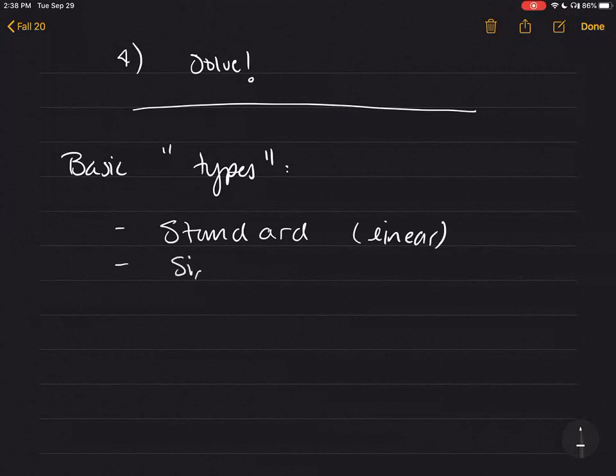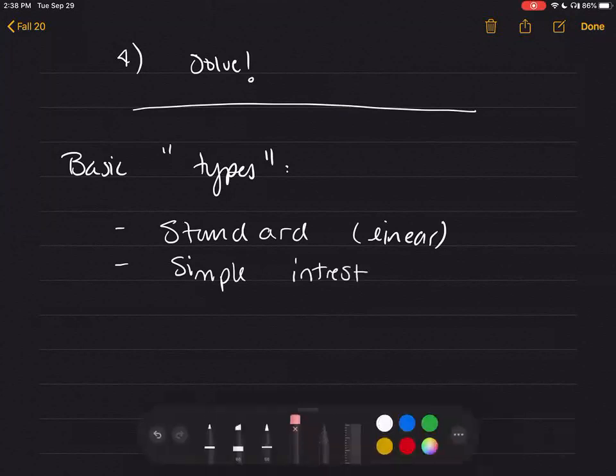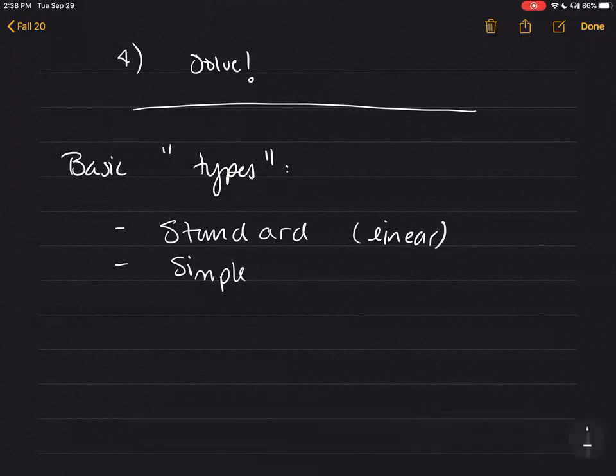We're going to do simple interest, mixture problems, everyone's favorite.